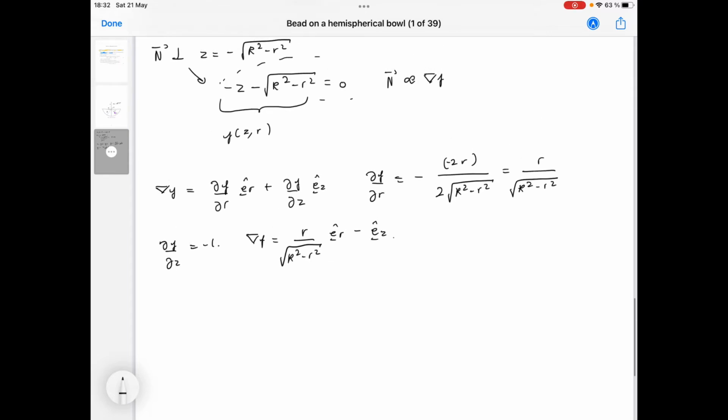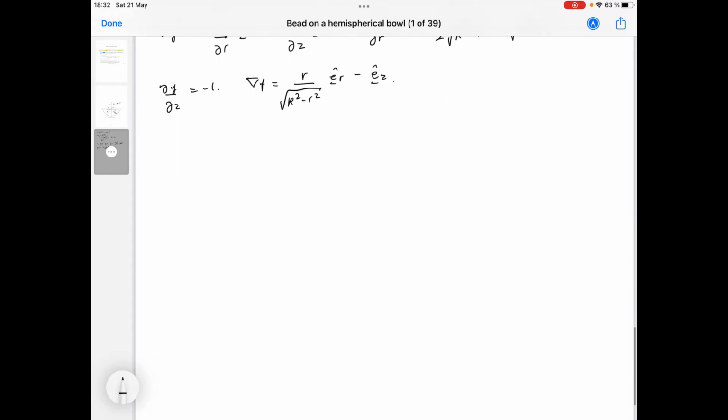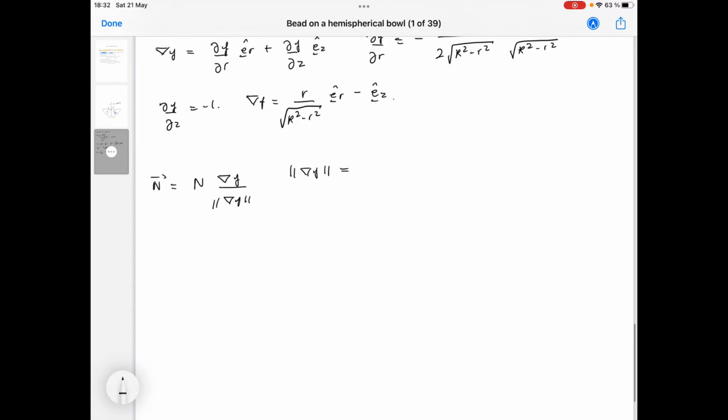Our normal force N is going to be the magnitude of N times the unit vector that's normal to the surface. The unit vector normal to the surface is given by the gradient of f divided by its norm. The norm of the gradient of f is the square root of r squared plus 1 over R squared minus r squared, all under the big root.